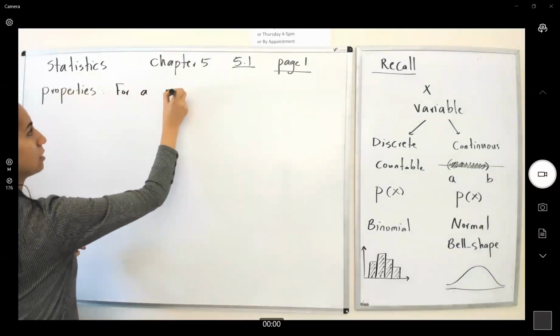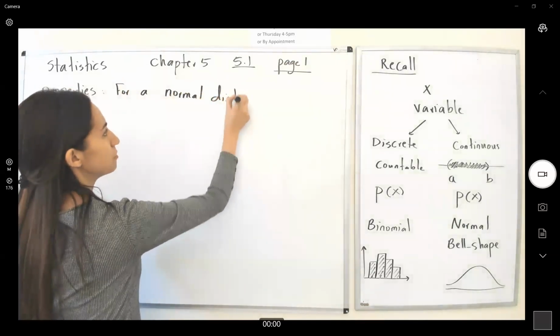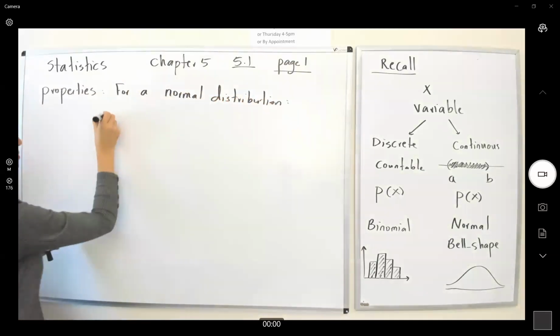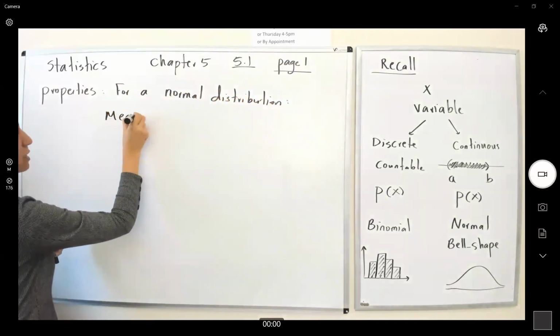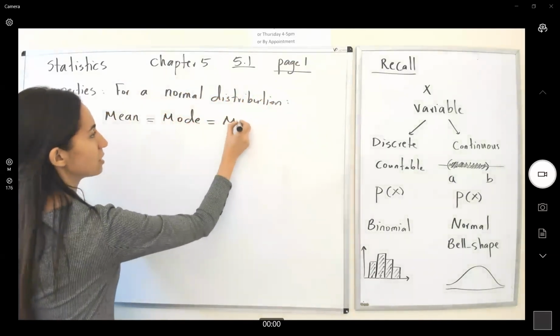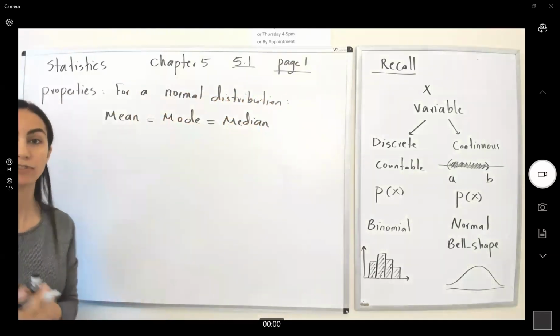For a normal distribution, mean is the same as mode is the same as median. Where are all of them?